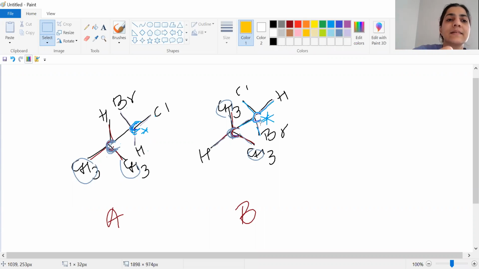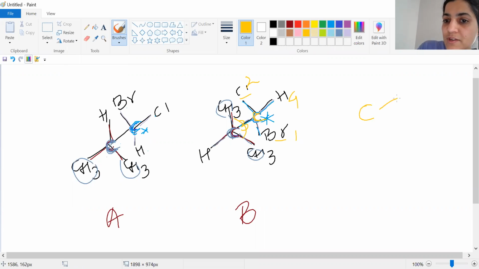Looking at this carbon right here, bromine will have more priority than chlorine, then the carbon part, and the hydrogen part.